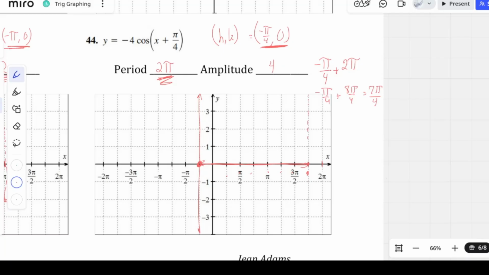I'll keep making my box. And then I need to, there's half, and then quarters. It's cosine and it's flipped, so it'll start at the bottom, middle.